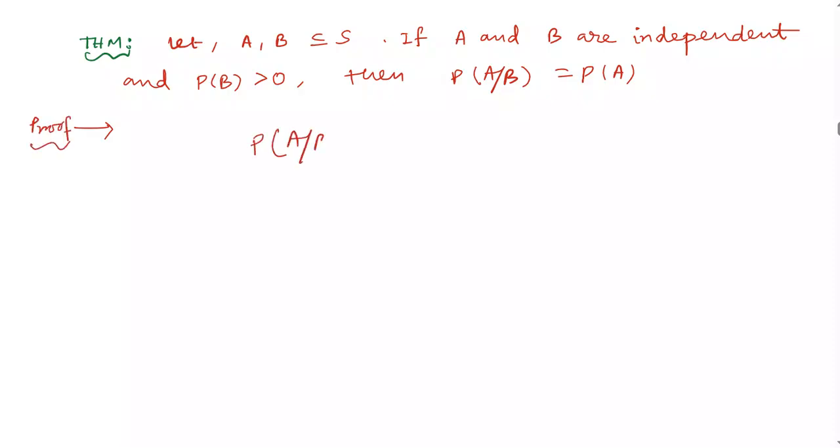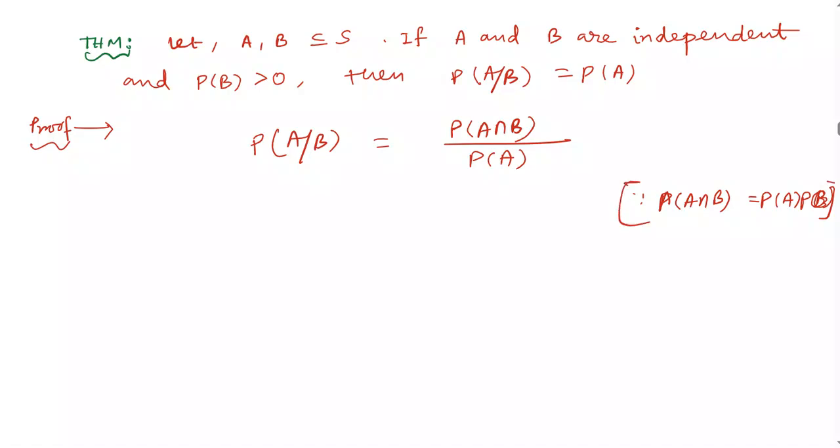Probability of A given B means probability of A intersection B divided by probability of B. Now since A and B are independent, the probability of A intersection B equals probability of A into probability of B. Use this formula.